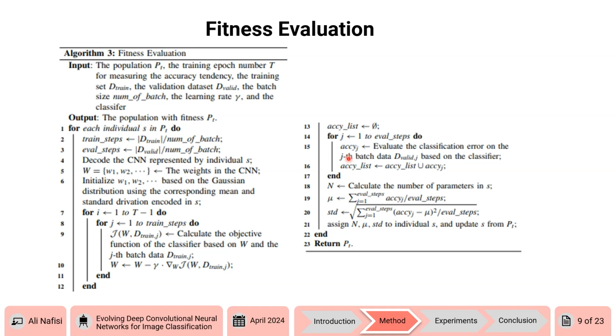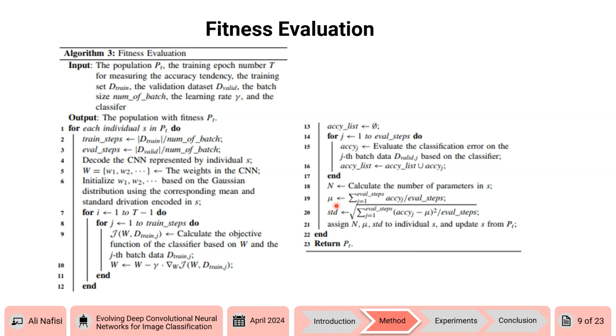So we have some accuracies that depend on the size of the batch. After finishing the evaluation, we have to return 3 values. First of all, the n, which is the number of parameters of this network. Then we return mu, which is the mean value of the accuracy.